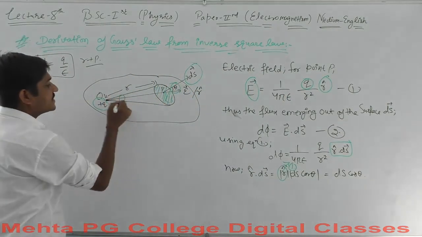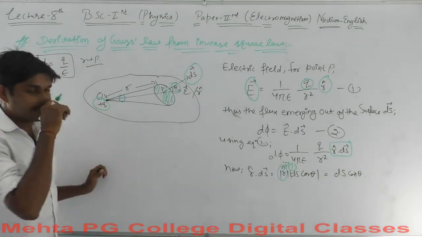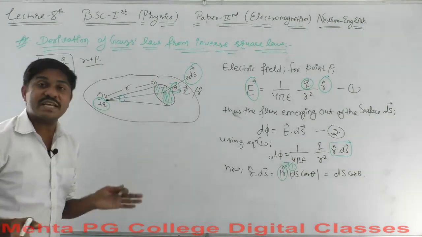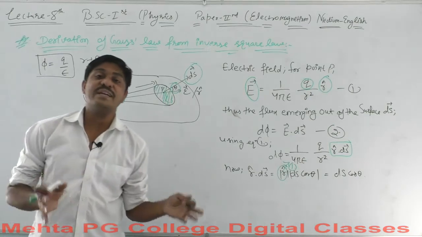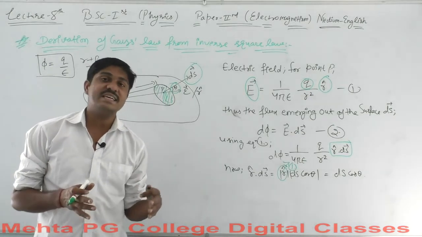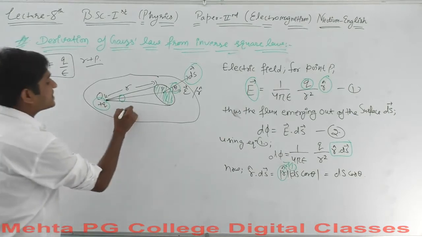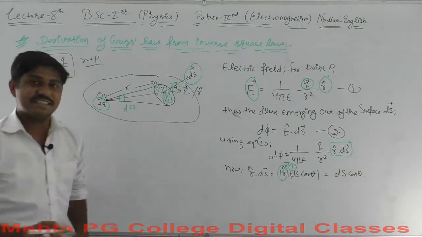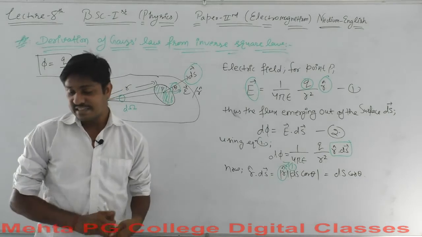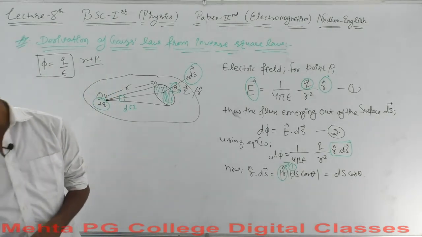This is the angle which is formed in 3D, the observation angle, how you can see a surface, and it is termed the solid angle. It is represented by d omega.